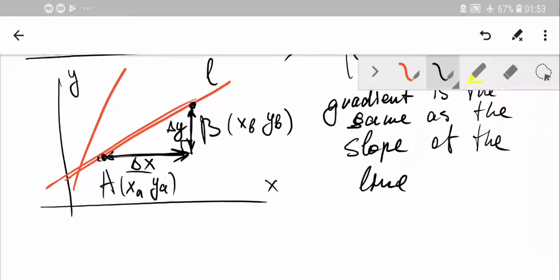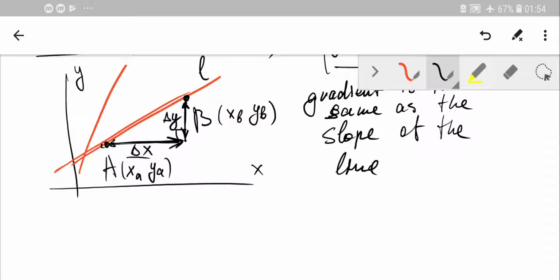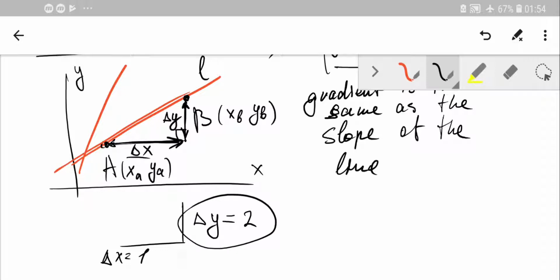To clarify what it means: if, let's say, for 1 unit change in x, your line or your segment has a change in y of 2 units, then you're saying that your gradient is 2 in response to a 1 unit change in x.